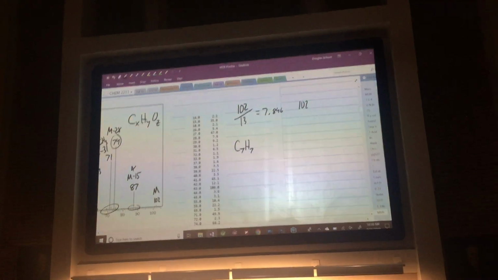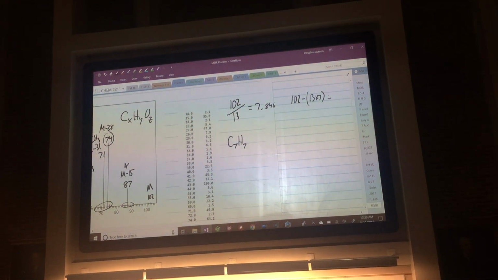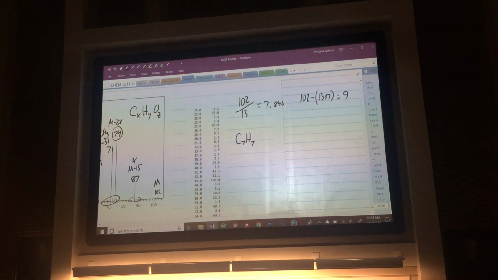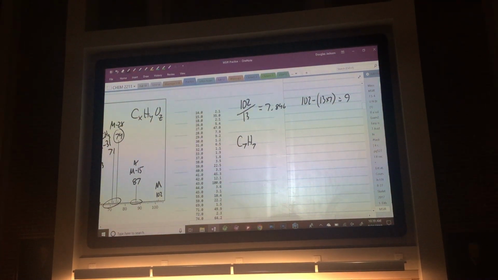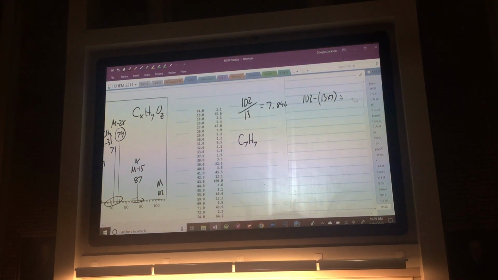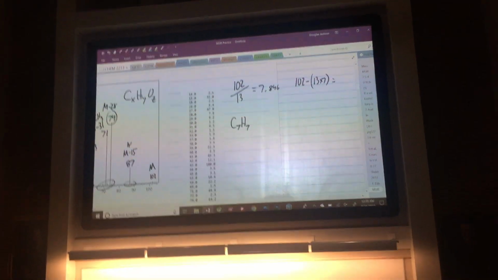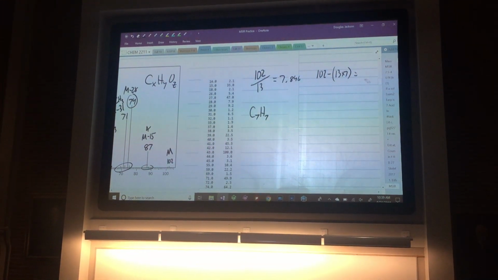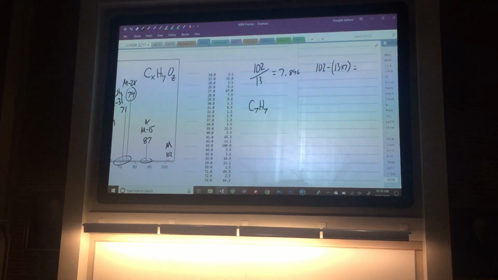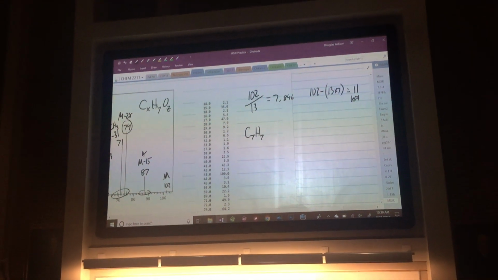So 102 minus 13 times 7, 102 minus 91, is 11. That's 11 left, the remainder of 11.